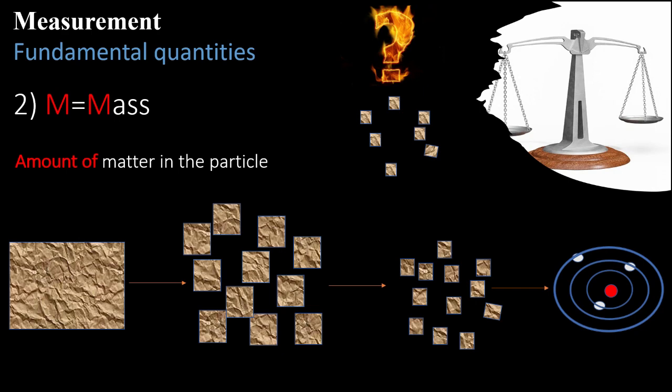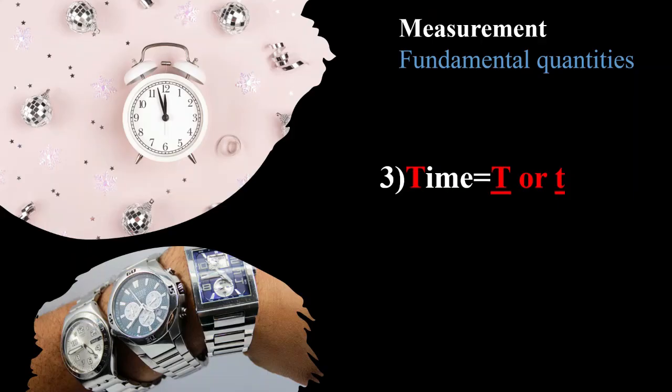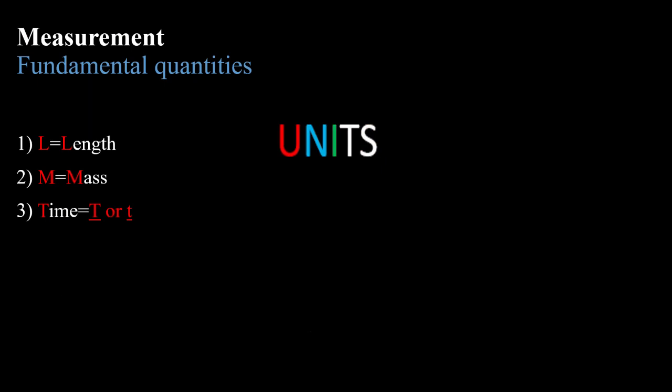We're not talking about that. We're talking about the amount of matter in the particle, right? The last one is time, which can be expressed as t. You can find it as a little t or big T. So far we know the fundamental quantities, which are length, mass, and time, right?